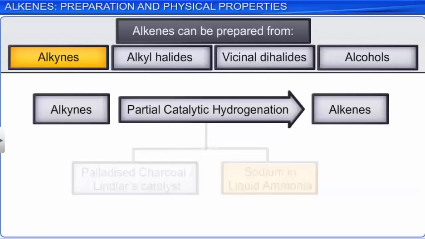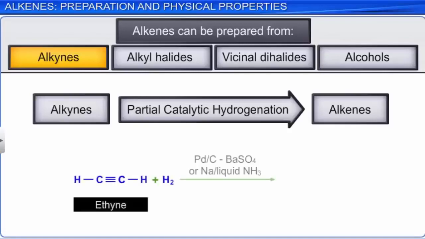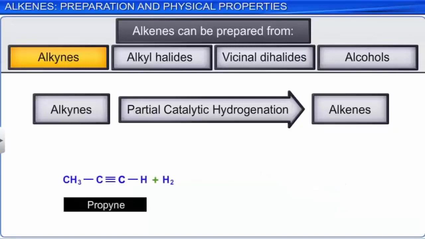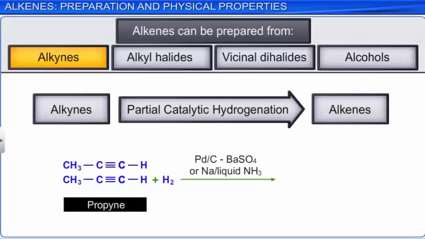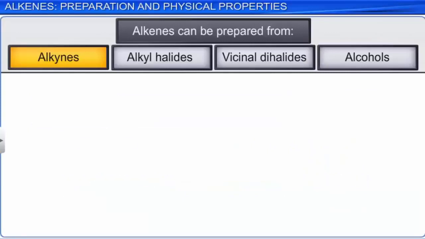For example, ethyne, on reduction with palladized charcoal or sodium in liquid ammonia, forms ethene. Similarly, propyne, on reduction with palladized charcoal or sodium in liquid ammonia, forms propene. Depending upon the nature of the catalyst used, a higher alkyne can be reduced to a cis or trans alkene.